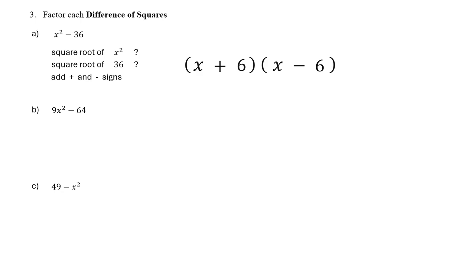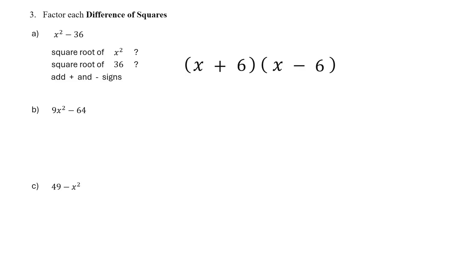Question B, 9x squared minus 64. Well, let's look at the square root of 9 first. We'll do our numbers. So the square root of 9 is 3. And the square root of x squared is x.